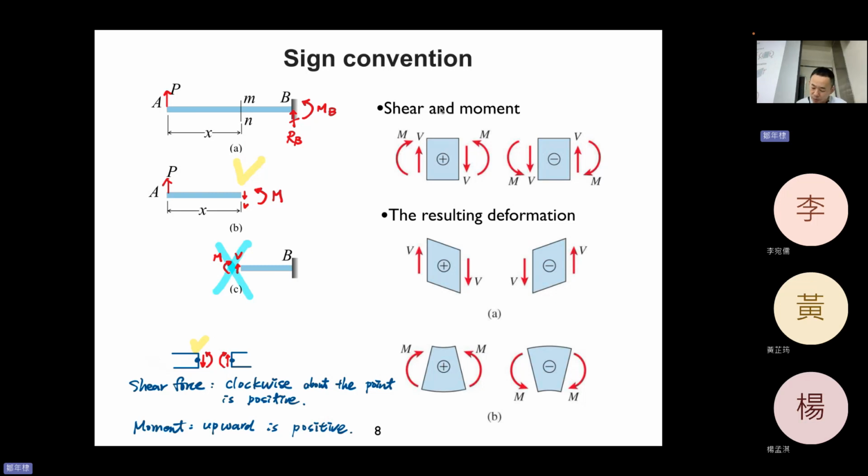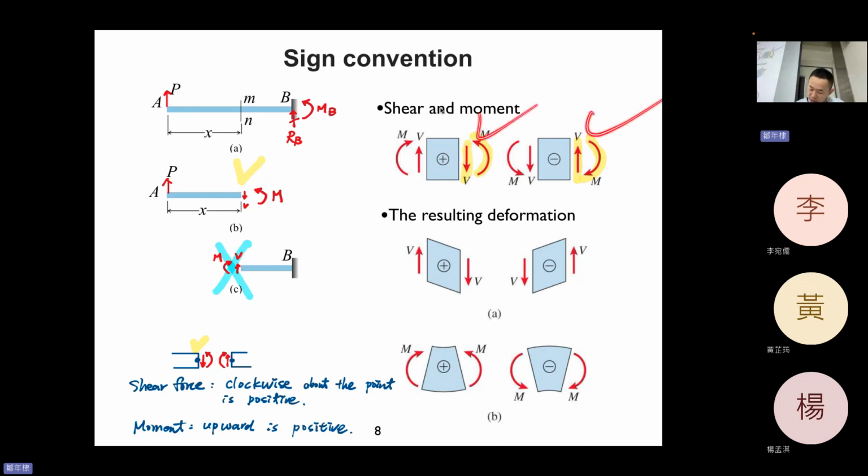Okay, so again, if we use the right hand side, we will choose this and that. Shear force and moment will be drawn on the right hand side of the element, right?